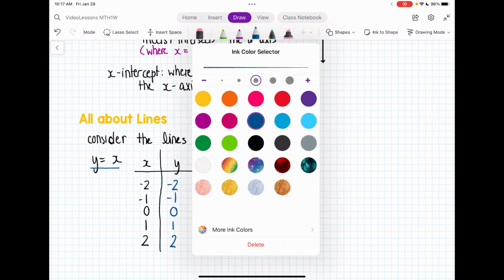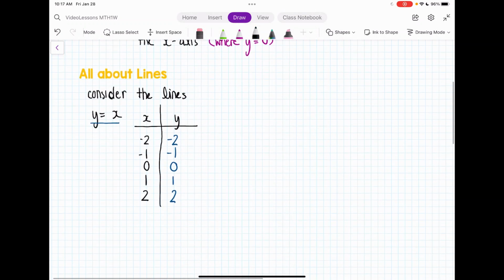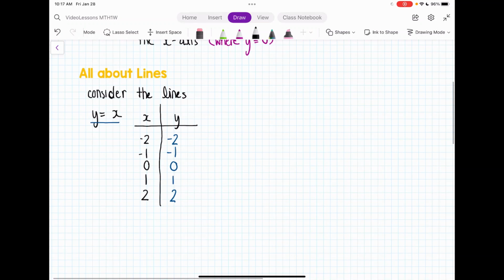Now what we're going to do is do the table of values, and then we'll plot points and graph them. So the next line that we will do is y equals x plus 3.